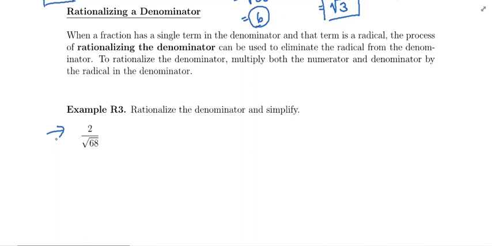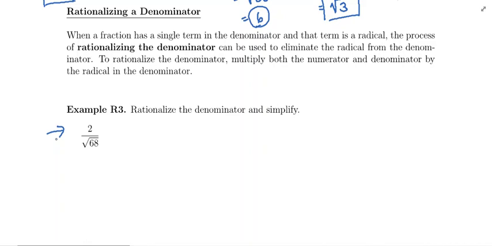We prefer the square root to be in the numerator, not in the denominator. So the whole process of removing the square root from the denominator is called rationalizing the denominator.